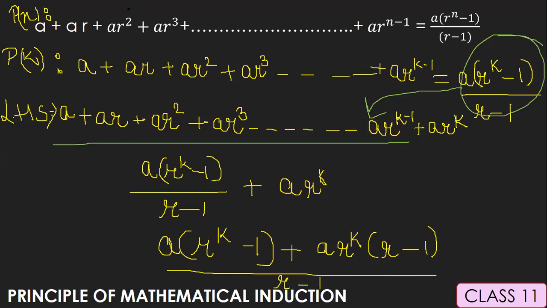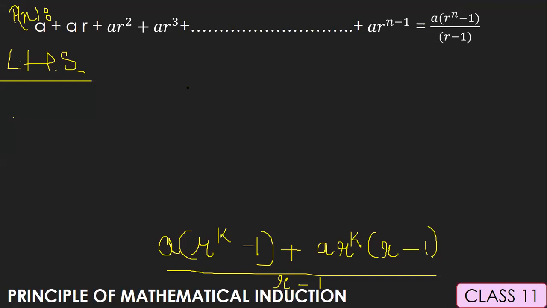Let us solve it further. So your LHS would be A R raised to power k minus A, on opening this bracket, plus ARk into R.